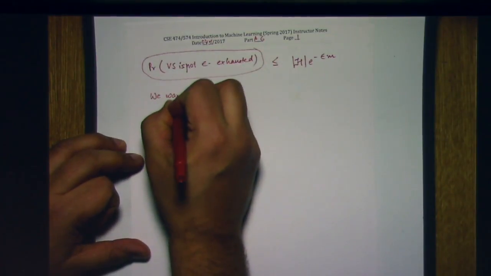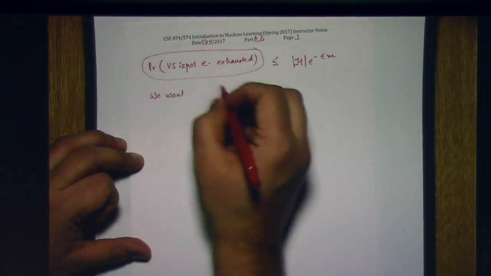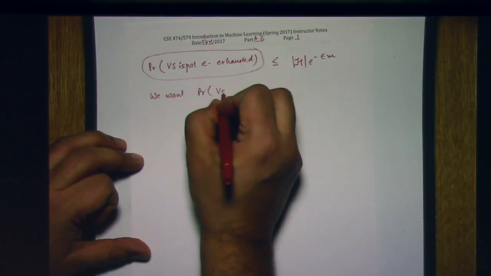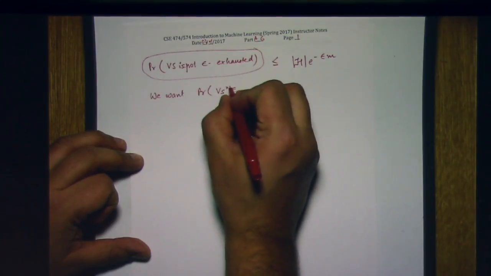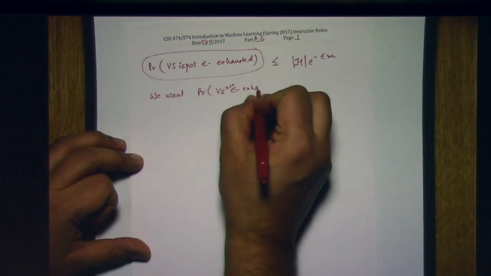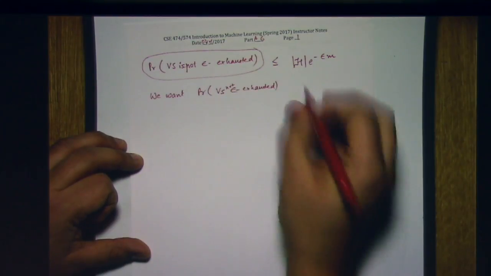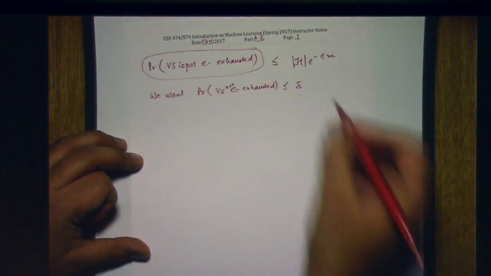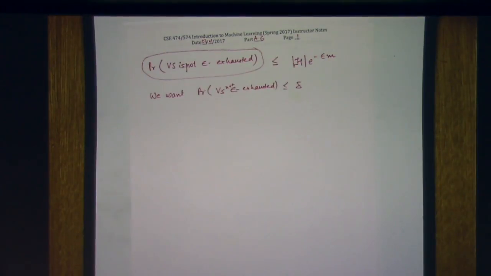So which means that we want this probability, the Pr of this Vs not epsilon exhausted, right, to be less than or equal to some delta. We want this to be bounded by delta, okay, which means that we would like to bound this higher bound.